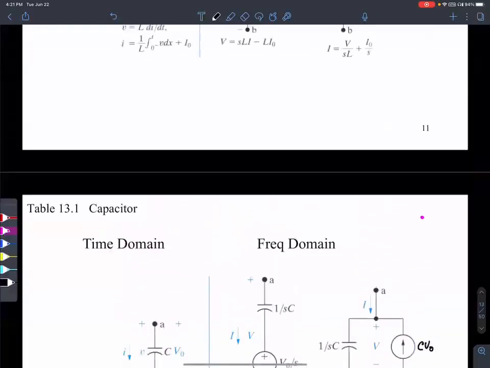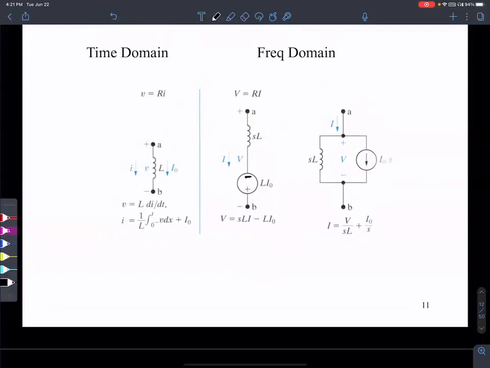Here, pay attention to the polarity, negative and positive in this circuit element, which leads to negative L i0. The direction of the current is along the voltage drop. Therefore, that voltage drop is considered to be positive.